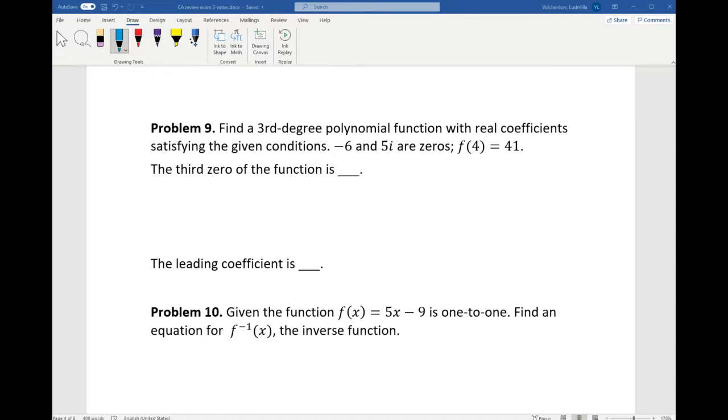Not real zeros, the total number of zeros for a third-degree polynomial function. So in this problem, we have a third-degree polynomial function. How many zeros must this function have?